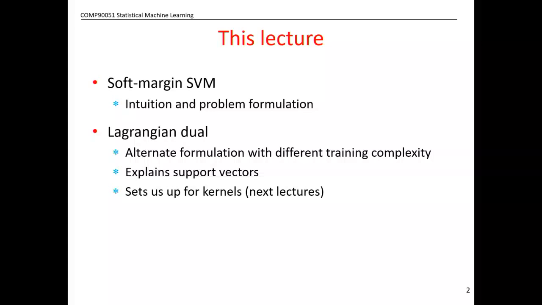For some problems, we're going to choose the dual formulation to train it. For some problems, we'll choose the primal. Any piece of software that's any good that trains the SVM can do both. But if you don't understand what they are, you don't know how to choose one over the other. That's why I'm teaching it to you.